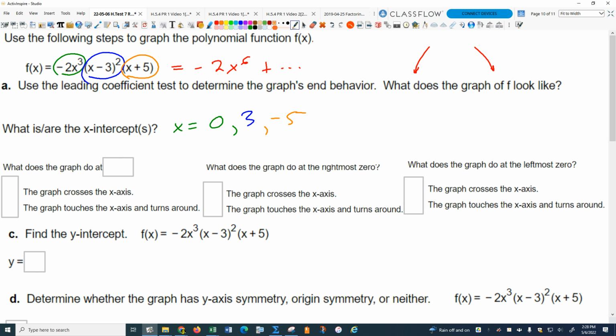Okay, so what does the graph do at x equals 0? Does it cross the x-axis or does it touch and turn? Crosses, good. Now, we talked about this a little more specifically than the textbook did. Not only does it cross, but what's it going to cross like at 0?